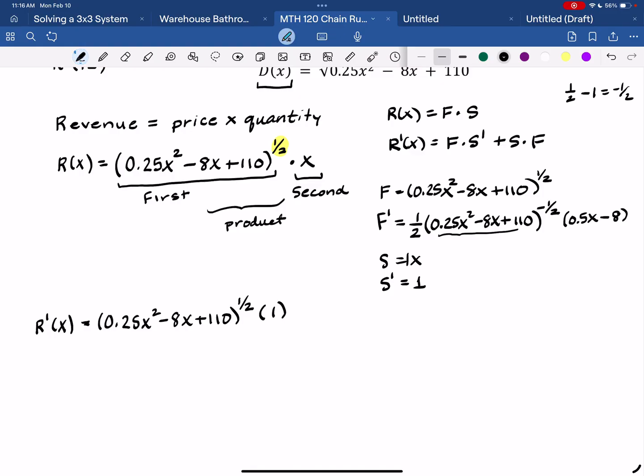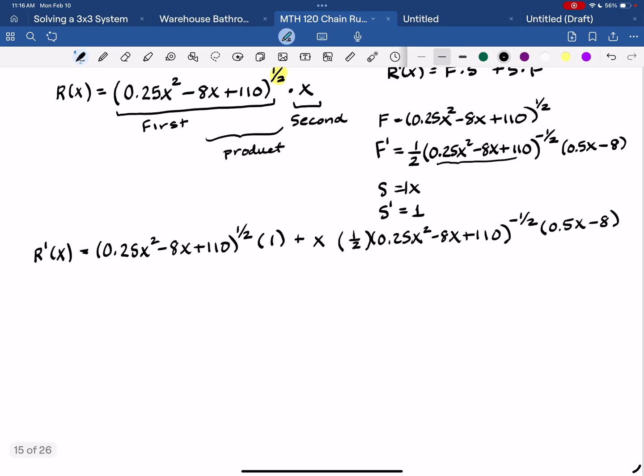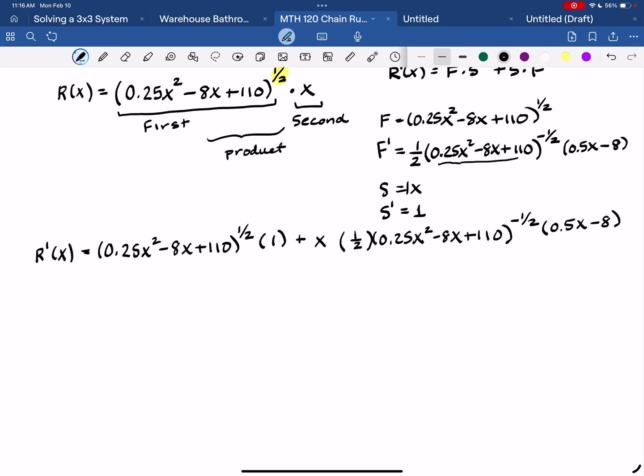All right, and then that's going to be plus the second function, which is just an x, times the derivative of the first, and here's where it gets kind of long, is 1/2 times 0.25x squared minus 8x plus 110 to the negative 1/2, and 0.5x minus 8. So that is my derivative, and yes, it's rather long.